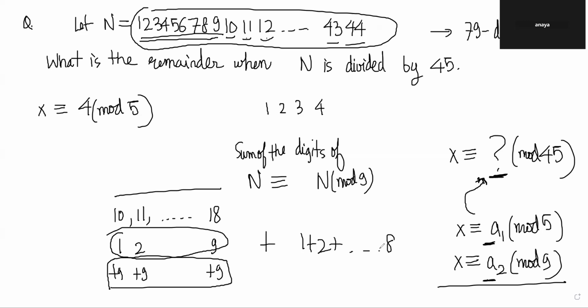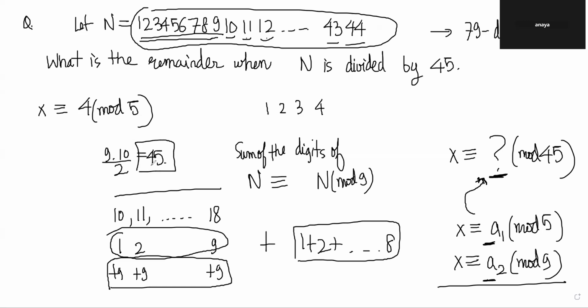37 will be 1, 32, 38 will be 2, and 44 would be 8, right? Yes. So 1 plus 2 plus up to 9 is basically 9 into 10 by 2, so it's 45. Remember that all of these repeated sums are divisible by 9. So we just have to check what is happening to this.